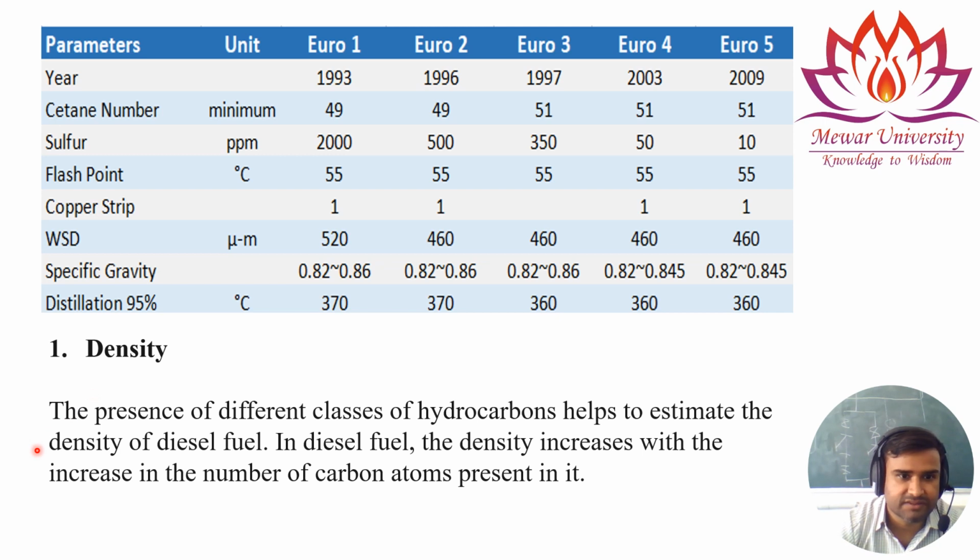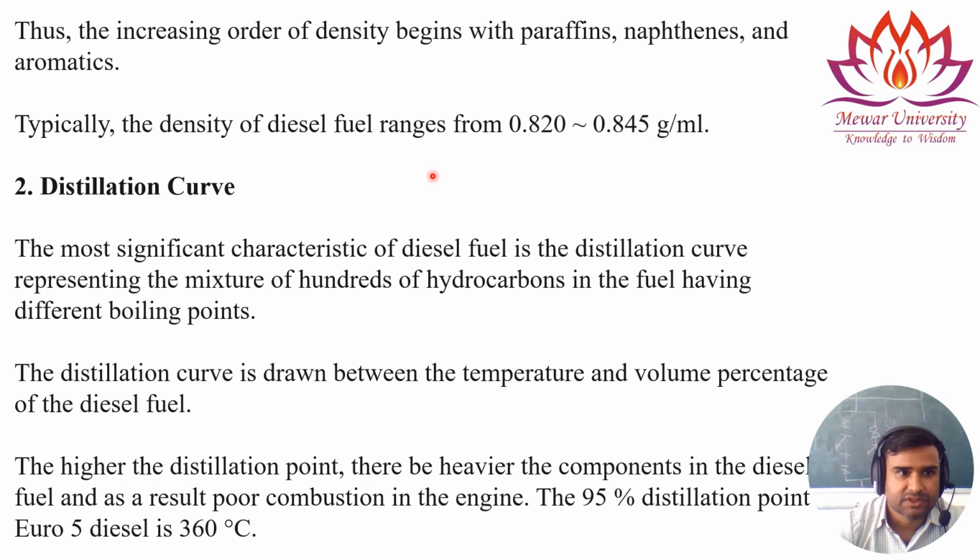The presence of different classes of hydrocarbon helps to estimate the density of diesel fuel. In diesel fuel, the density increases with an increase in the number of carbon atoms present in it. So the density measures the percentage of carbon present in it. The increasing order of density begins with paraffin, naphthalene and aromatics.